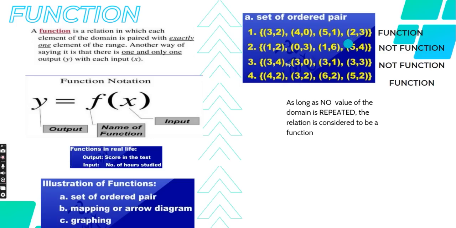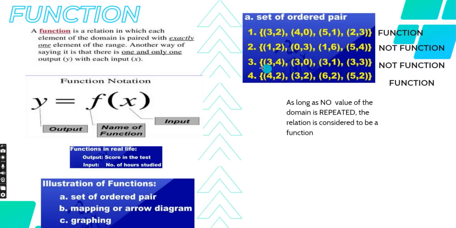So that's a function. While in number 2, we have 1, 0, 1, 5. The 1 and this 1 were repeated, so that can't be a function.